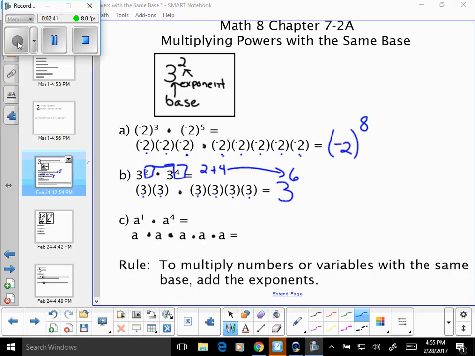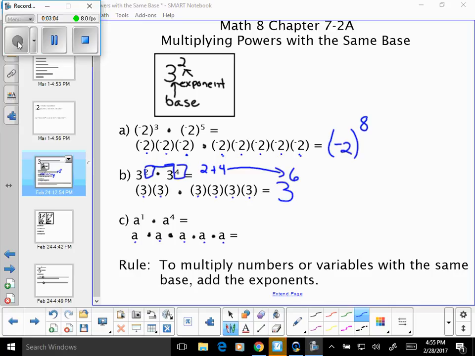Let's look at example C. We can also use letters, or variables, as our base. Here we have a to the first power times a to the fourth power. So it really means that we have a times a times a times a times a. Well, if we count them, how many do we have?